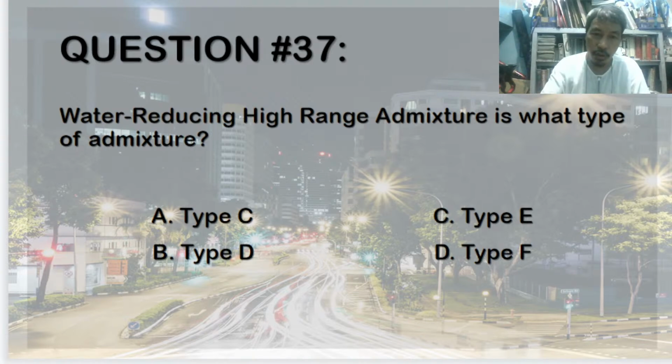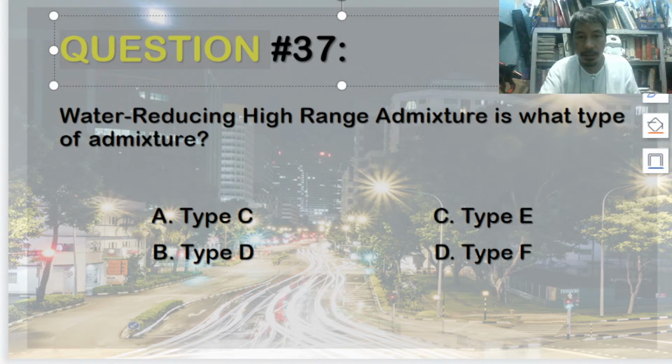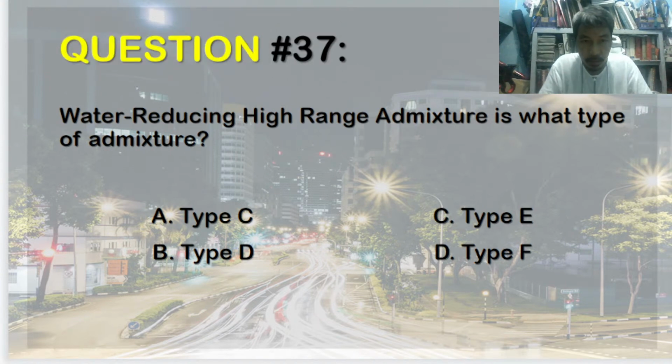Okay, the fourth question for this third batch. So, question number 37. Okay. Water reducing high range admixture. Water reducing high range admixture is what type of admixture?